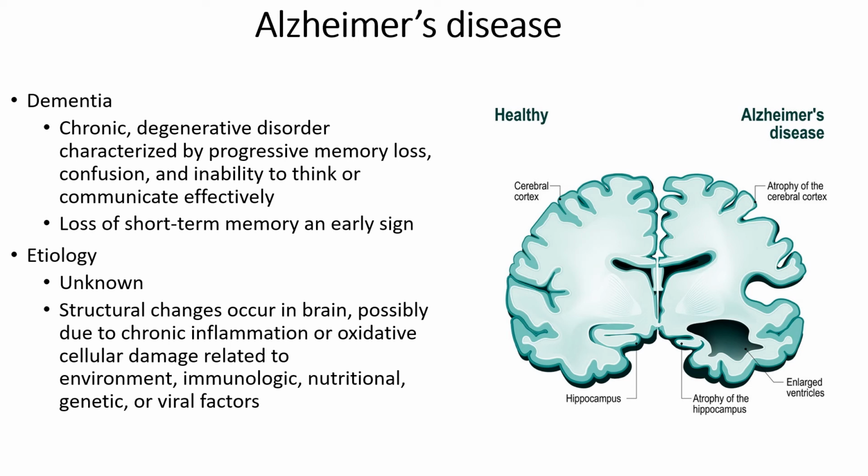So it's thinning on the right side. And because of the thinning, other parts of the brain, such as that ventricle, which is really just where cerebrospinal fluid flows, become enlarged because the tissue part of the brain is gradually degenerating.